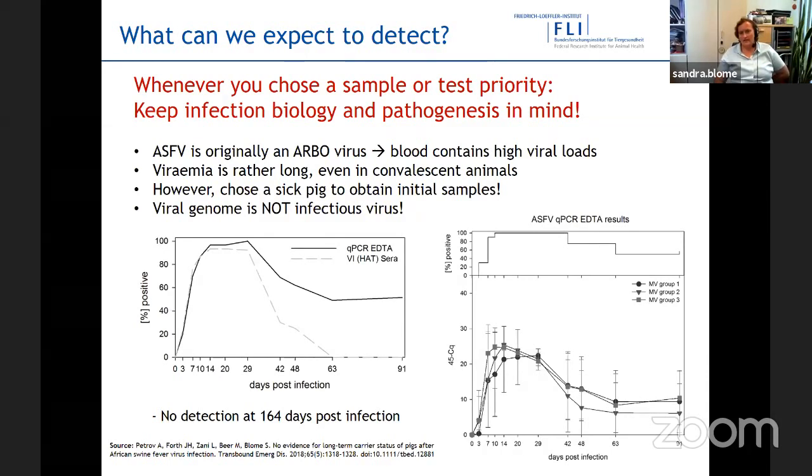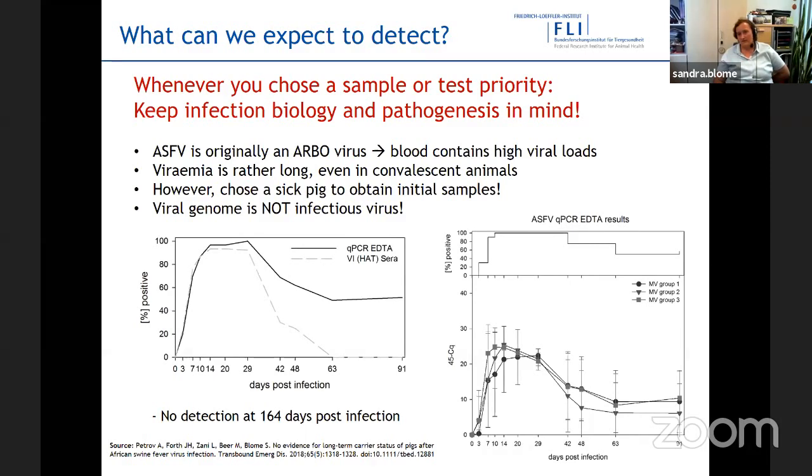What we can say is that most of our animals, at least all animals in my hands, recovered or died, but the phase of detection can be rather long. You saw 90 days. If you want to do the first line of defense, so early warning, choose a sick pig to obtain initial samples.